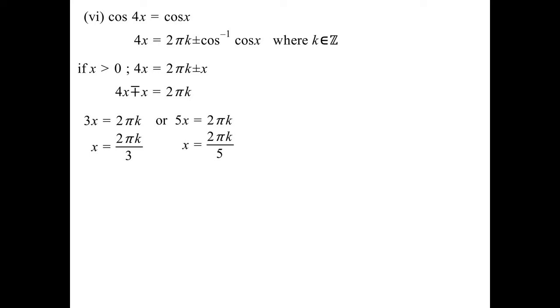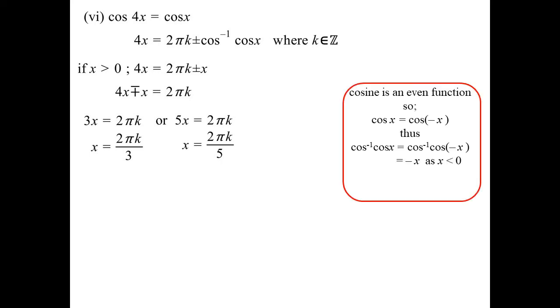Now, here's the bit. Cosine is an even function. So I know that the cosine of x is equal to the cosine of negative x. Therefore, the inverse cos of cos x must be the same as the inverse cos of cos negative x. It must give me the same answer because cos x is the same as cos negative x, cos being an even function.